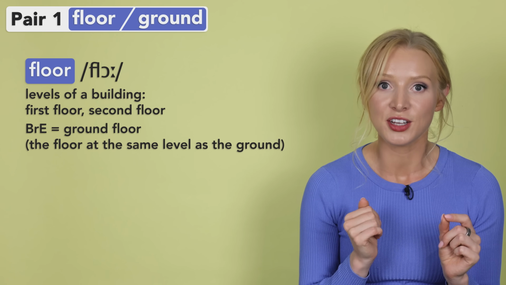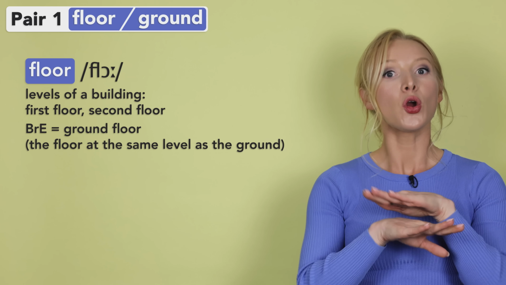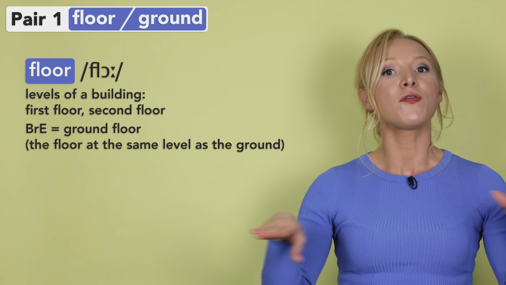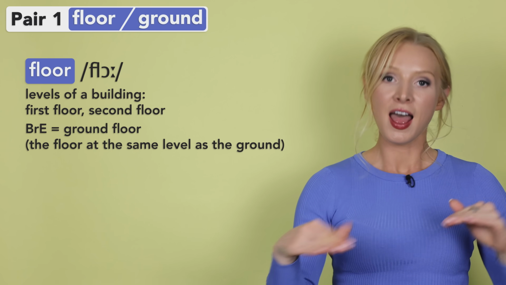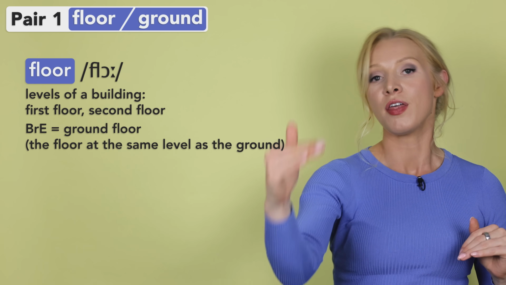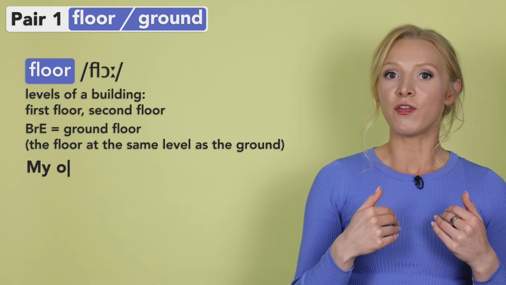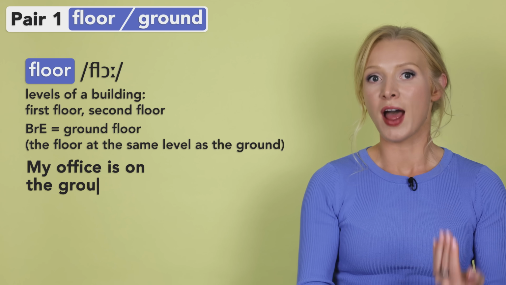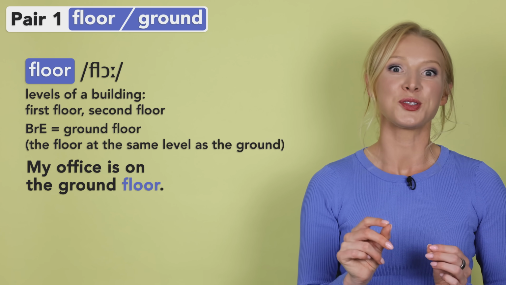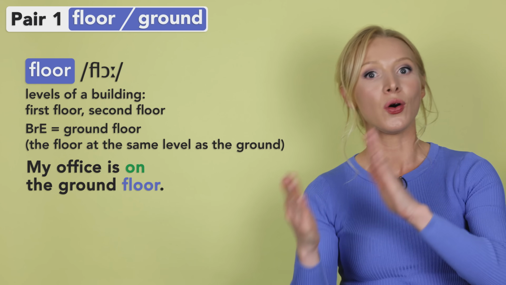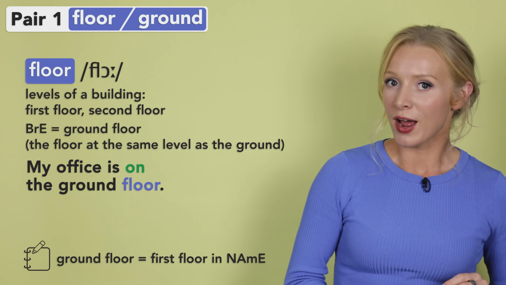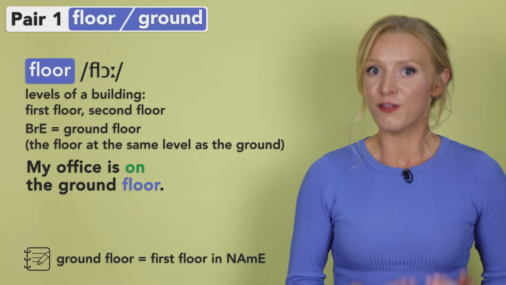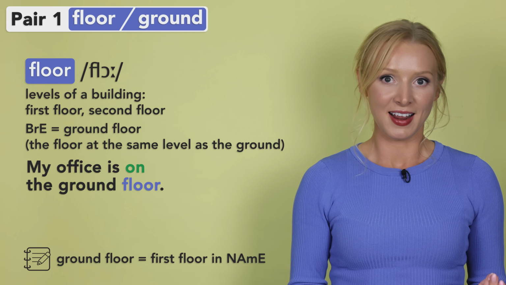In British English, we use the term ground floor for the floor at the same level as the ground or earth outside. My office is on the ground floor. Notice that I used the preposition on, not in. Note that the ground floor is called the first floor in North American English.